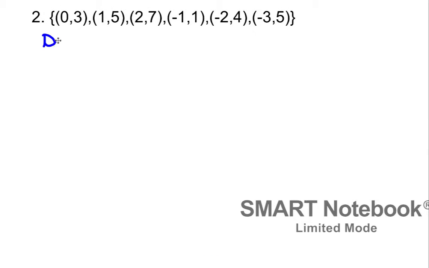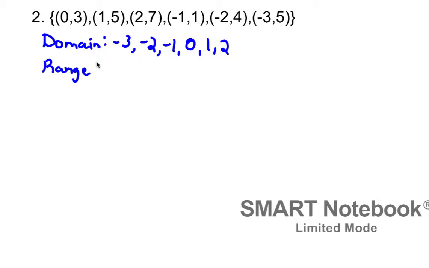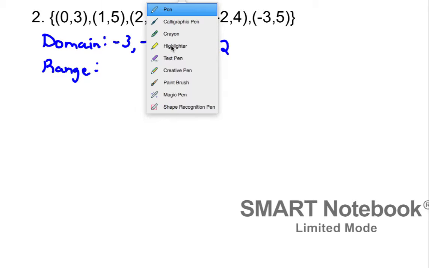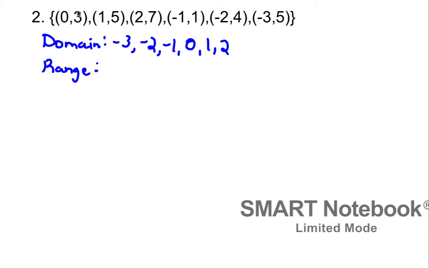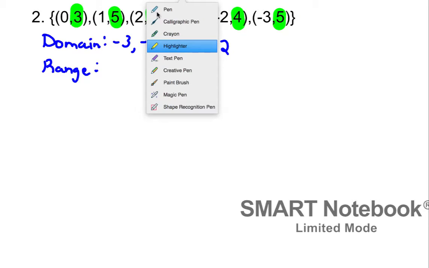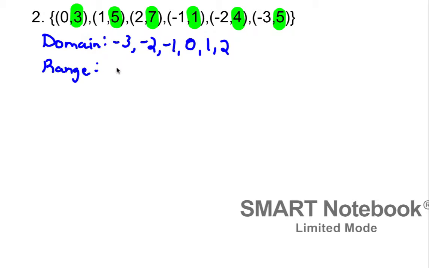So I'm going to identify my domain. Remember, domain is the x values, or the values listed first, your input values. We're going to write them in increasing order, not repeating any. So I got -3, -2, -1, 0, 1, 2, and our range values are our y's. Let me highlight these: 3, 5, 7, 1, 4, and 5. Let me write those in increasing order.